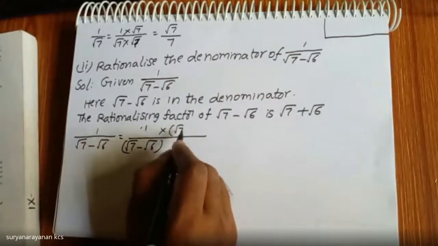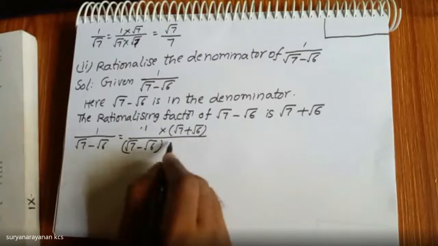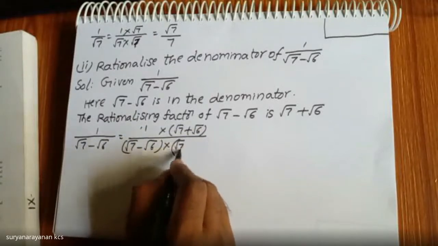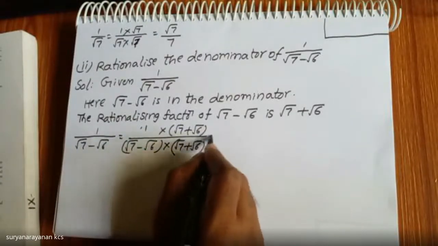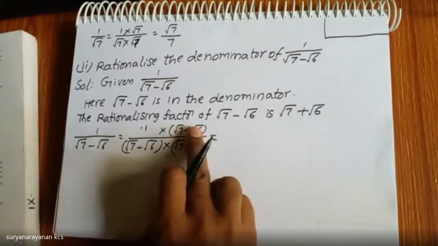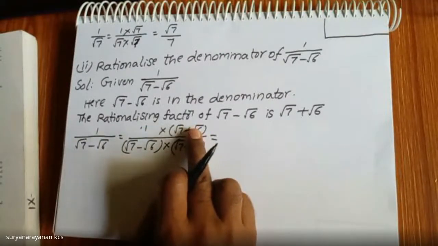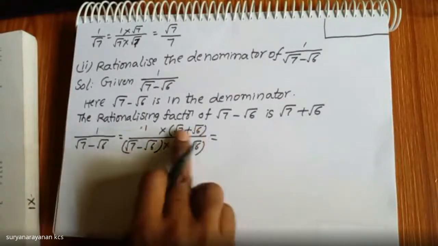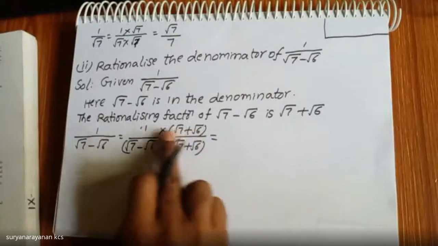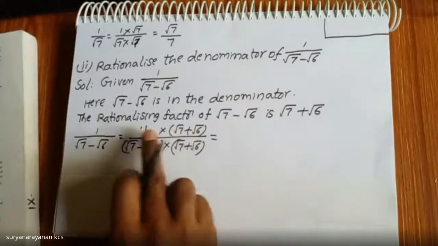We are multiplying the numerator and denominator by root 7 plus root 6. Now, can you tell me what will you get in the numerator? My dear Anmol, Deep, can you tell me what will you get here in the numerator?